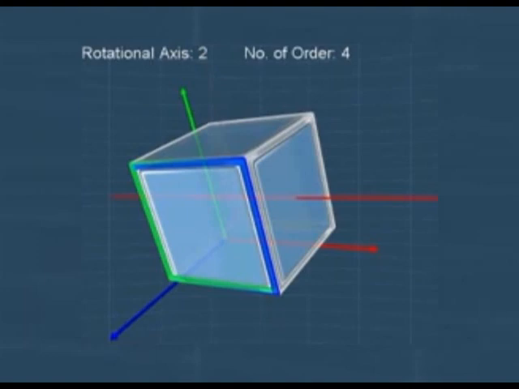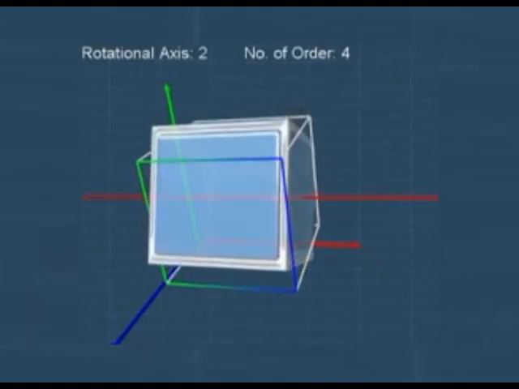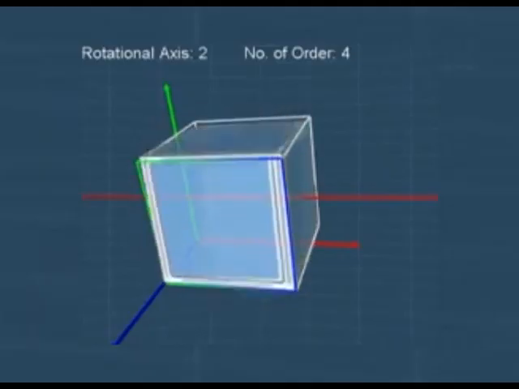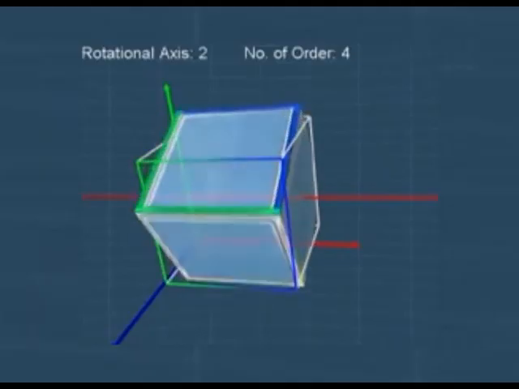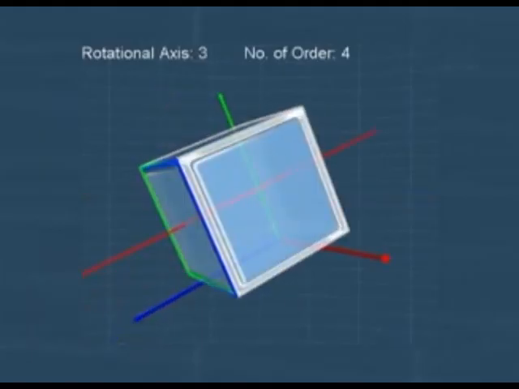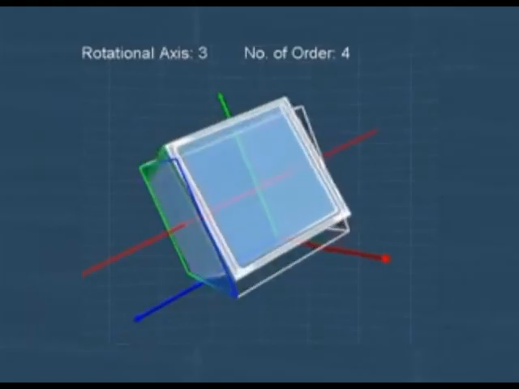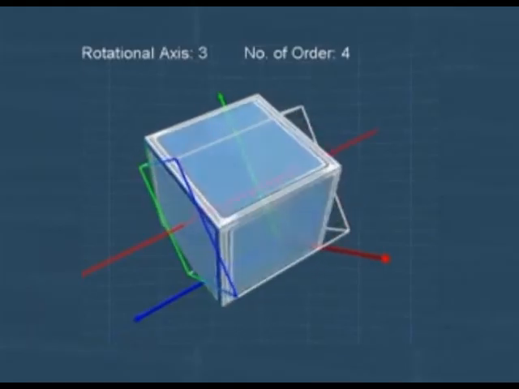This is the second axis. When we rotate the cube about this axis, it matches itself 1, 2, 3, 4 times. So this axis has order 4. For the third axis, it has the order of 1, 2, 3, and 4.